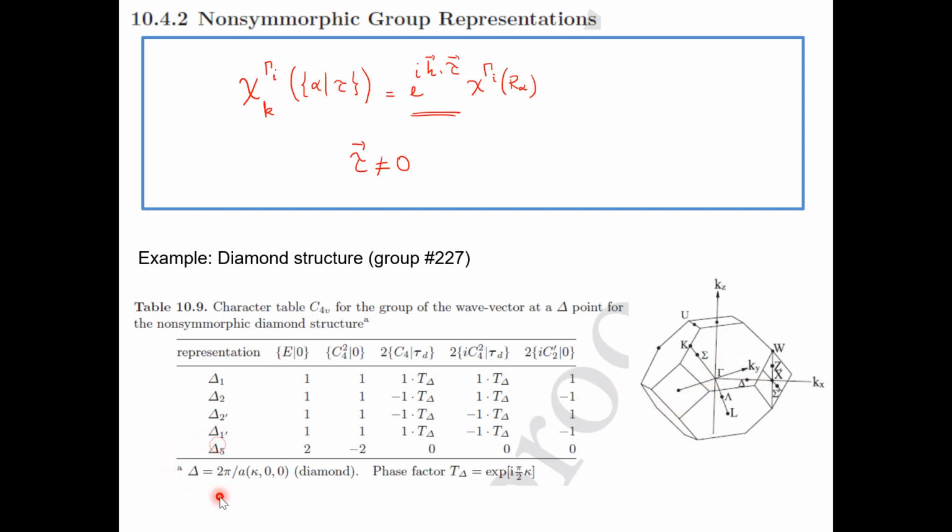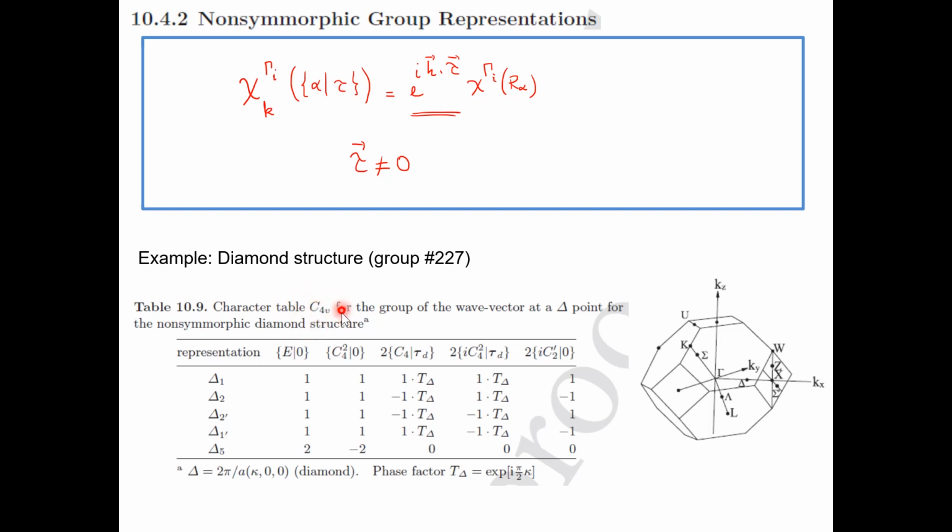This is a general notation for a wave vector along the delta direction. Okay, only the kx coordinate is different from 0. And you can see here, in this particular case, for those wave vectors at delta, the group of the wave vector is C4V.